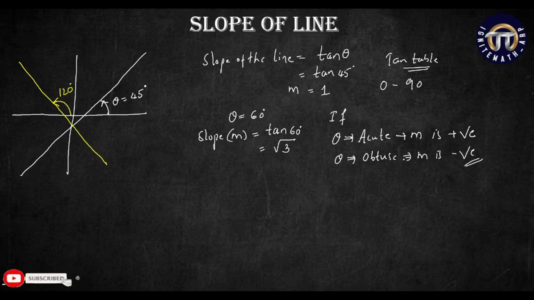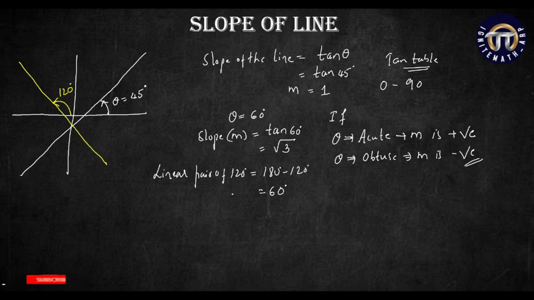How is it negative? Let me tell you very clearly. I know that the linear pair of 120 degrees is 180 degrees minus 120 degrees, that is 60 degrees. Clear, children?